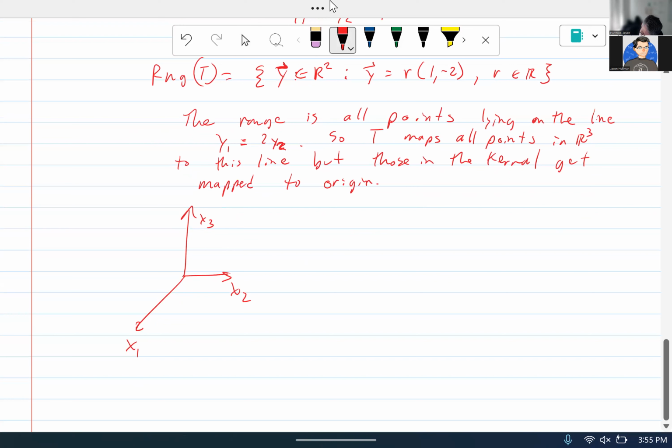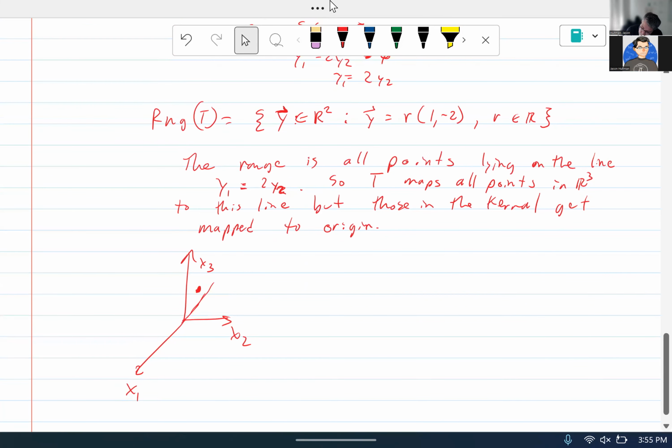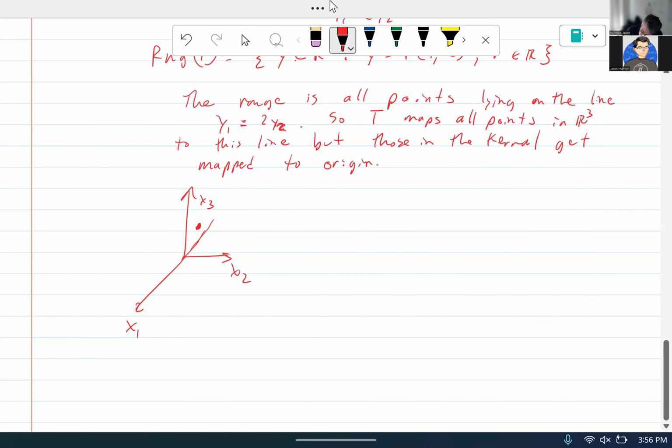So maybe that's a point on my plane, and then 2, 1, 0, right? Yeah, 2, 1, 0. Maybe that's a point, and my plane goes through, and it also goes through 0, 0, 0.